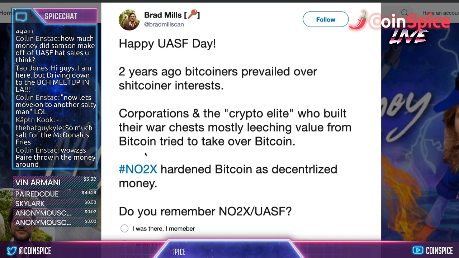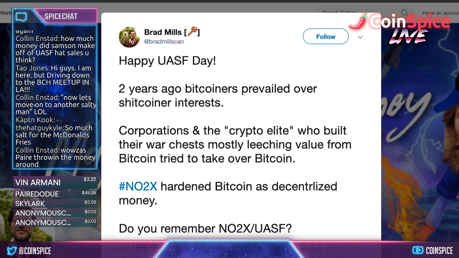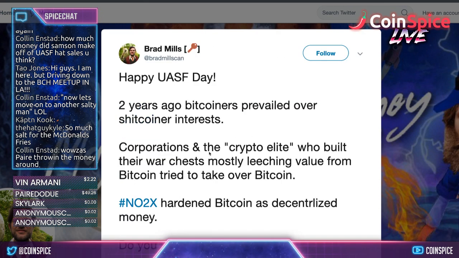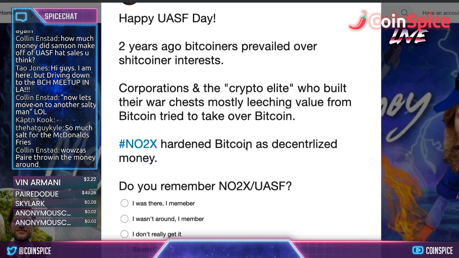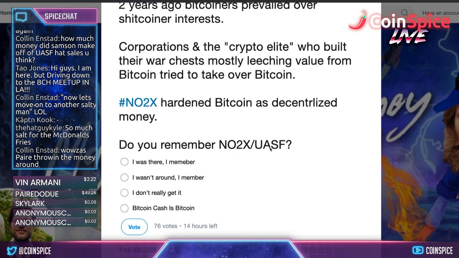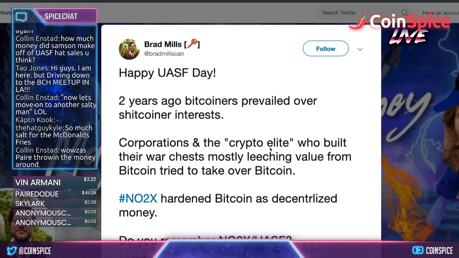What happened was no one actually got on board with some of this stuff. No one really was caring too much. And I think that's best shown by what people were actually enabling when it came to SegWit.